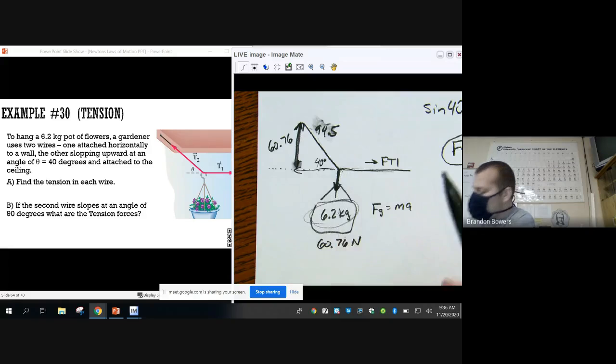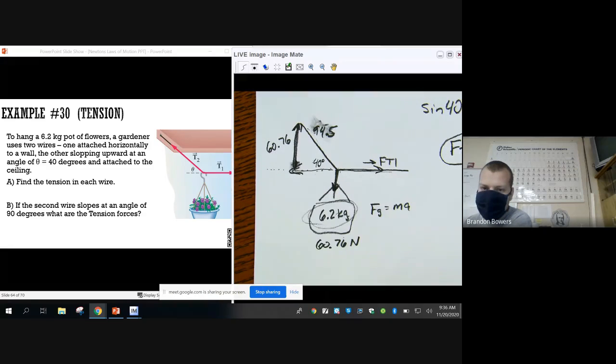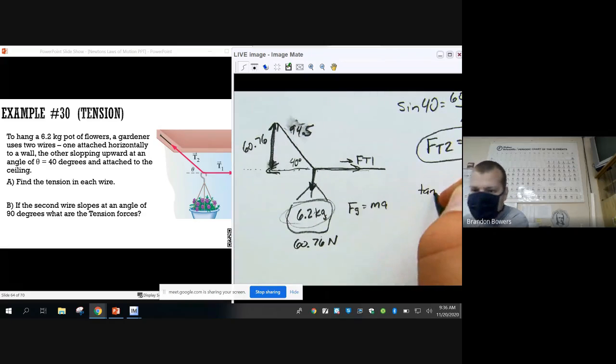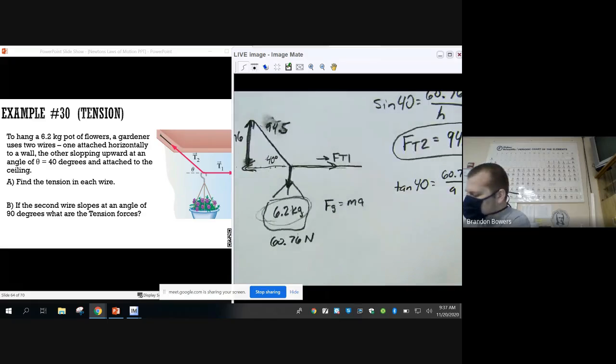You can use tangent, or you can use Pythagoras. I'm going to use tangent. The tangent of 40 is equal to the opposite over adjacent.